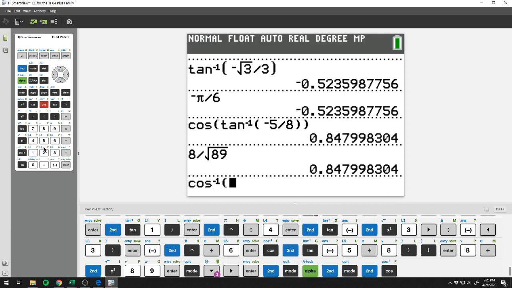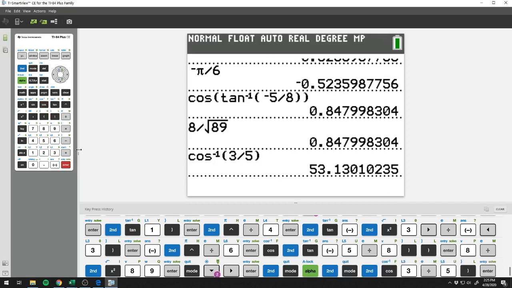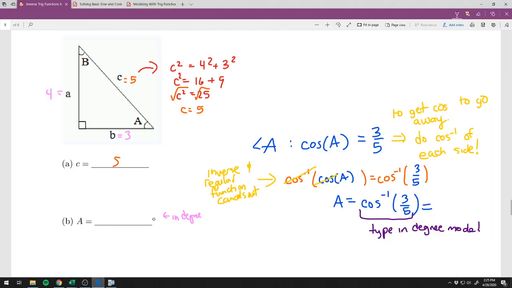Cosine inverse of 3 divided by 5, we get 53.13 degrees. Now, if you had set up an equation with sine or tangent, you'd have different numbers over here, but you will get the same answer.